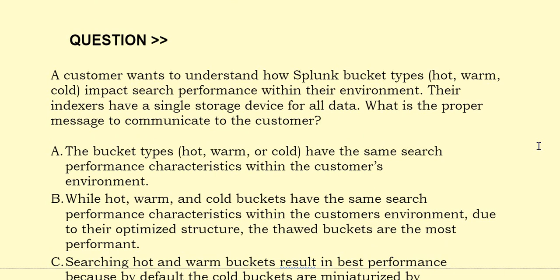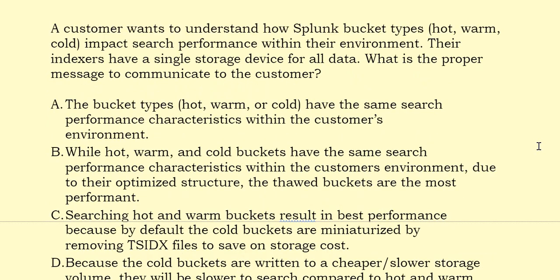Option A. The bucket types hot, warm, or cold have the same search performance characteristics within the customer's environment. Option B. While hot, warm, and cold buckets have the same search performance characteristics within the customer's environment due to their optimized structure, the third buckets are the most performant.